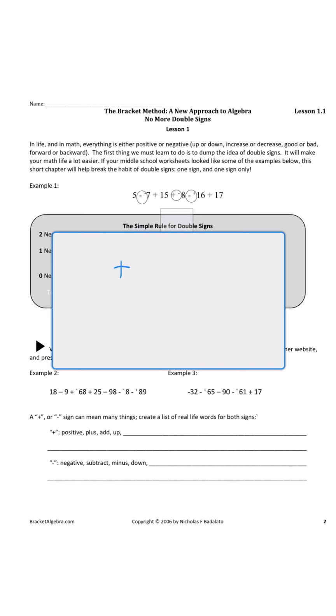Either a big plus, which can mean plus, add, or positive. Or you're going to see one big negative, which again can be negative, could also mean subtract, or of course minus. But in algebra, they mean the same thing.